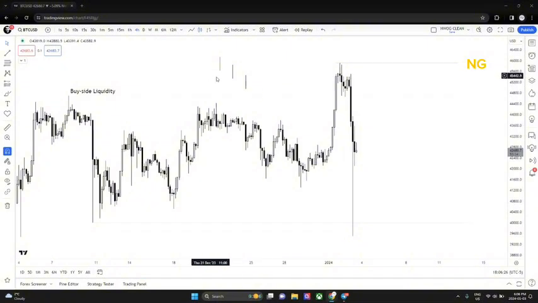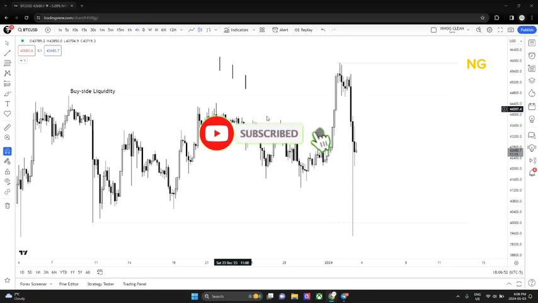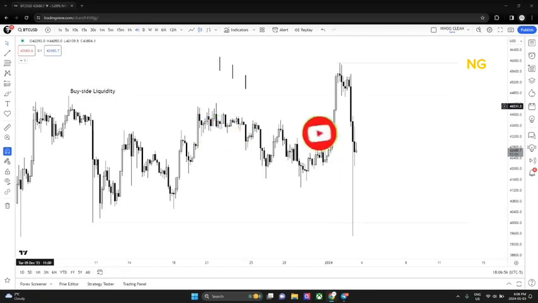So when you have highs that look like this, 1, 2, 3, and then you have price go above as 1, 2, 3 did right here, this is better than price just going above one.